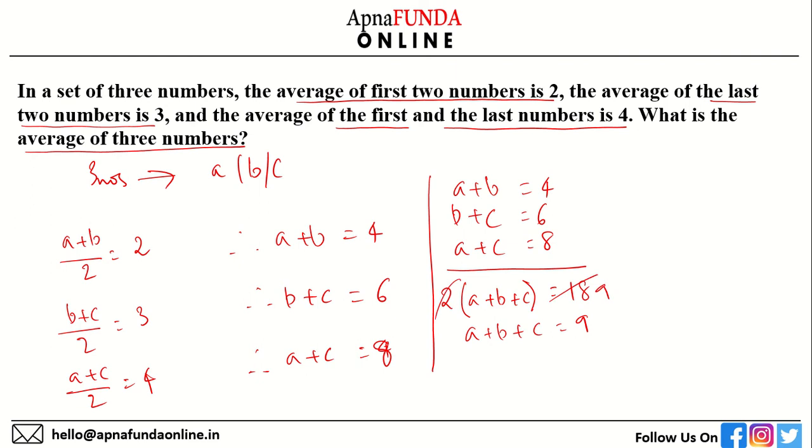So the sum of the three numbers is 9. So the average, (A plus B plus C) divided by 3, is 9 by 3. So my answer is 3. Very simple question. I'm sure your answer is also 3.